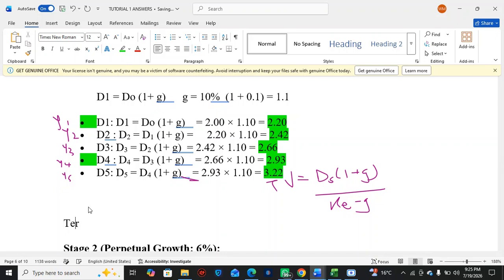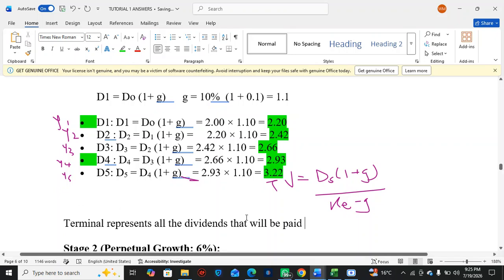The terminal value represents all the dividends that will be paid, in perpetuity, basically.